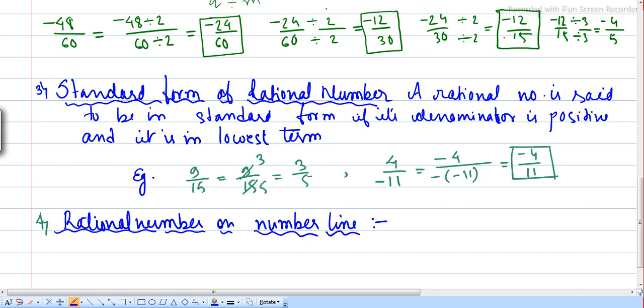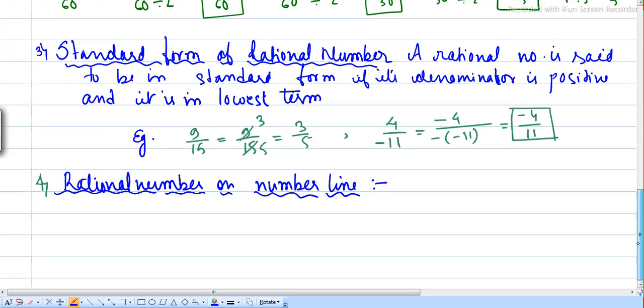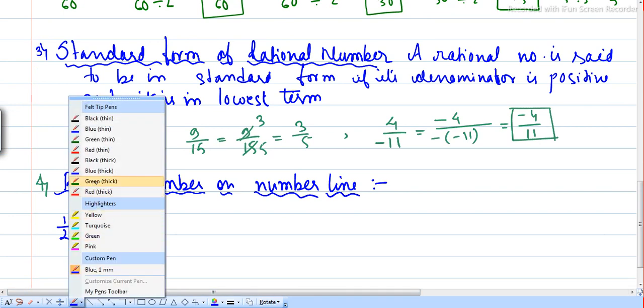For example, we'll start with a small example so that you can easily understand, and we'll go on taking bigger examples. Like you take 1 by 2. Now this is a rational number. Now how will we show this on the number line? For that, we have to know what the numerator and denominator represent.